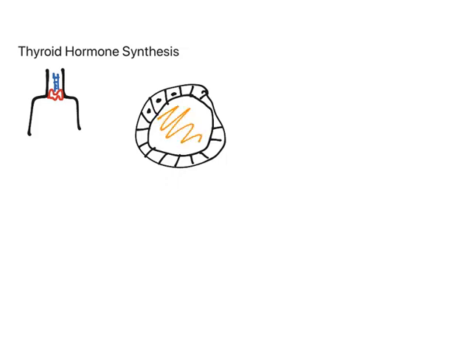This is a protein-rich, kind of gelatinous glue. And so these little things here, these are follicular cells. And then right here, we have colloid.